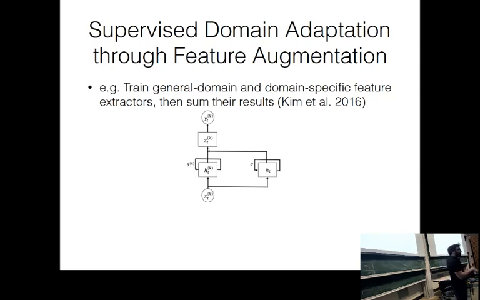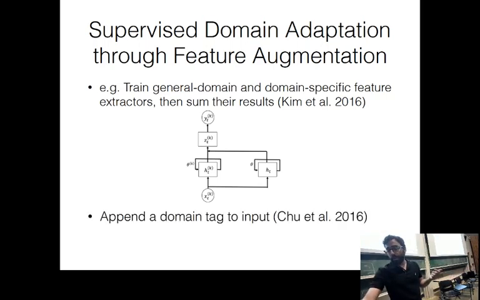Then in order to produce your final output, you will use the representations from both the general domain and the specific domain component that you have trained on your parallel data, and this works quite well.